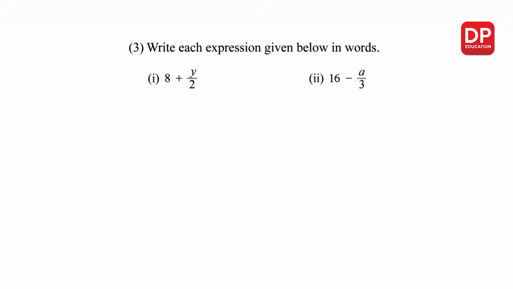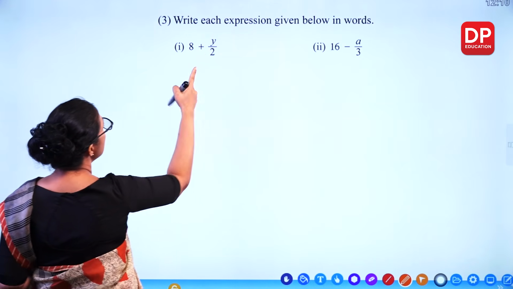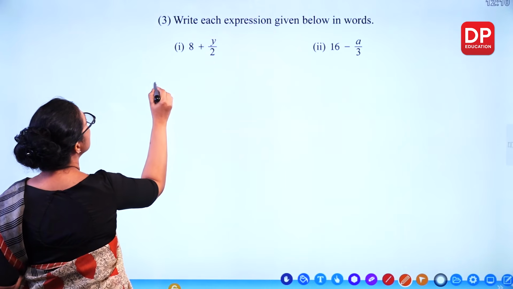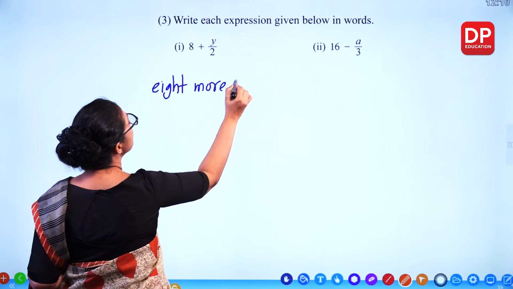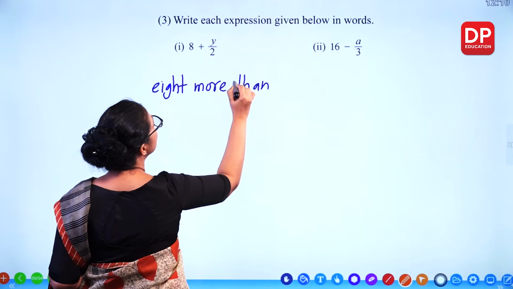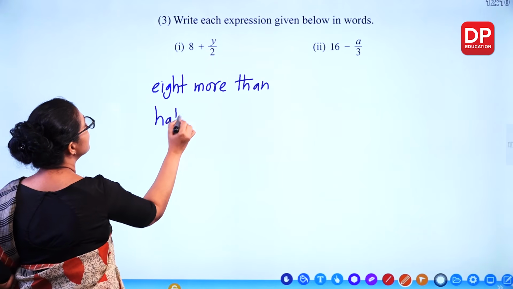Write each expression given below in words. I can write 8 more than half of y.